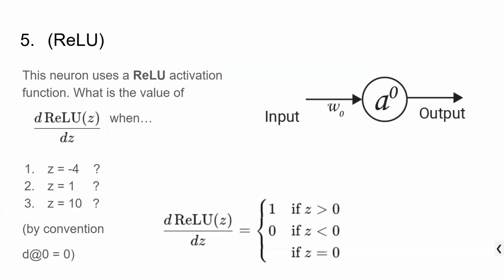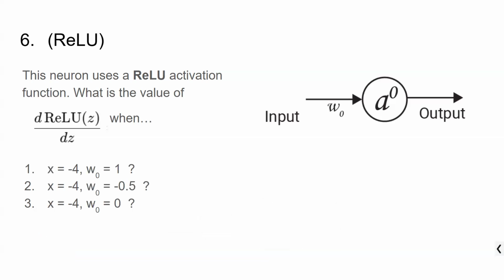Undefined. So by convention, the derivative at 0, we just substitute it because we're going to use a condition. This is a conditional statement, and we'll just include 0 in that conditional statement, and everything's hunky-dory.